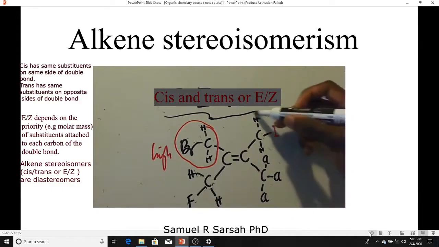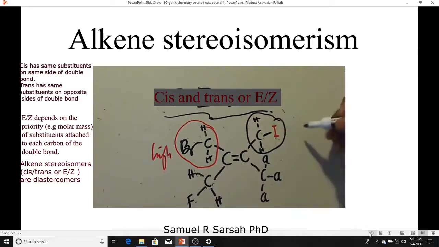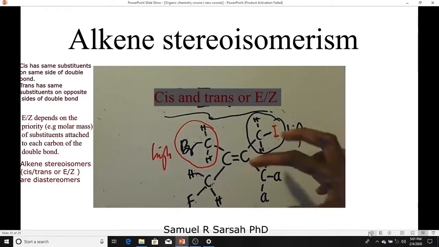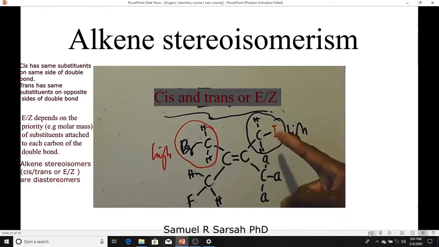So this group will be higher priority than this group because of the iodine. So immediately you see, if the high priority element is bonded to a carbon, then that one takes over the priority, no matter what other thing is bonded to this.